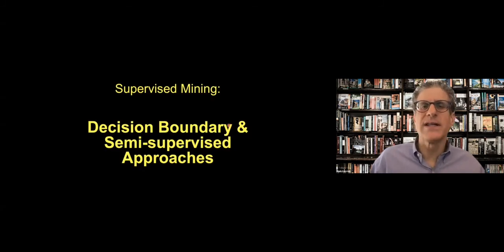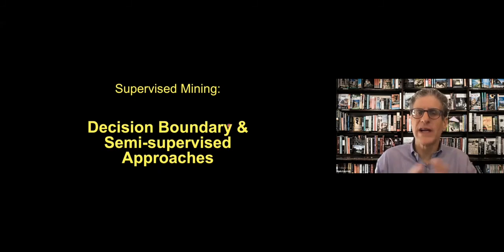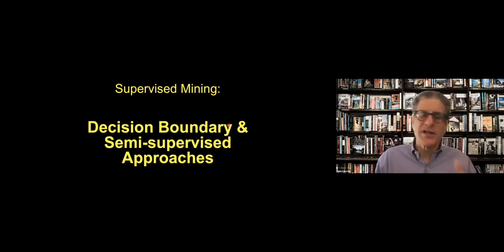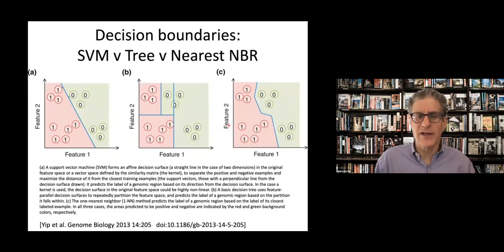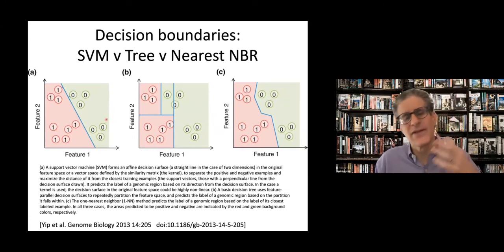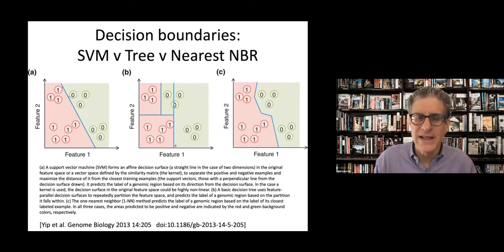Now, I just wanted to say a little bit about the decision boundary and how to think about it in relation to support vector machines, decision trees, and also semi-supervised approaches. This picture shows, at a very high level, decision trees. The key thing with decision trees, remember, is we're doing axis parallel splits.